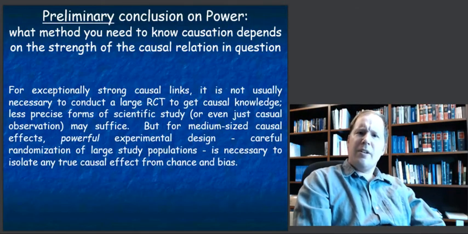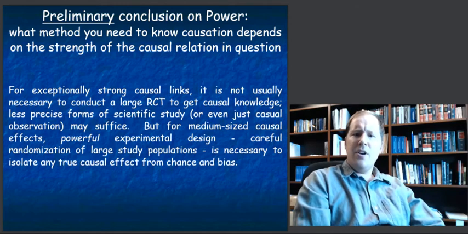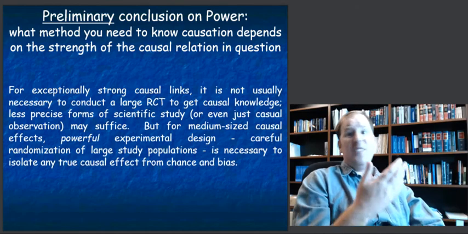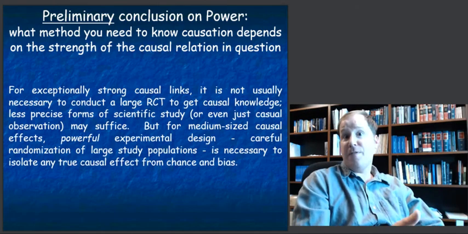Here's the preliminary conclusion on power. What method you need to know causation depends on the strength of the causal relation in question. For exceptionally strong causal links, it's not usually necessary, as I've said in the case of malaria and DDT, to conduct a large-scale RCT with lots of patients to get causal knowledge. Less precise forms of scientific study, or even just casual observation, may suffice.